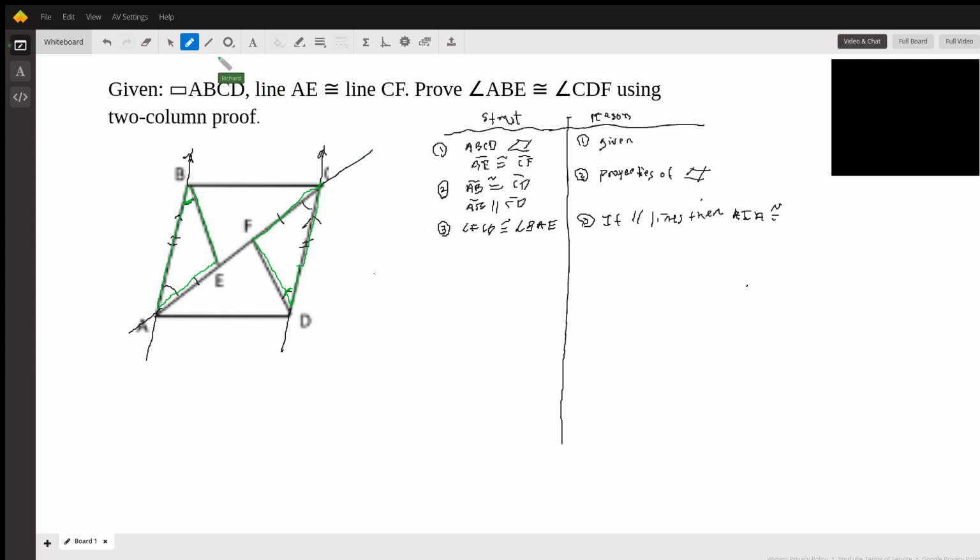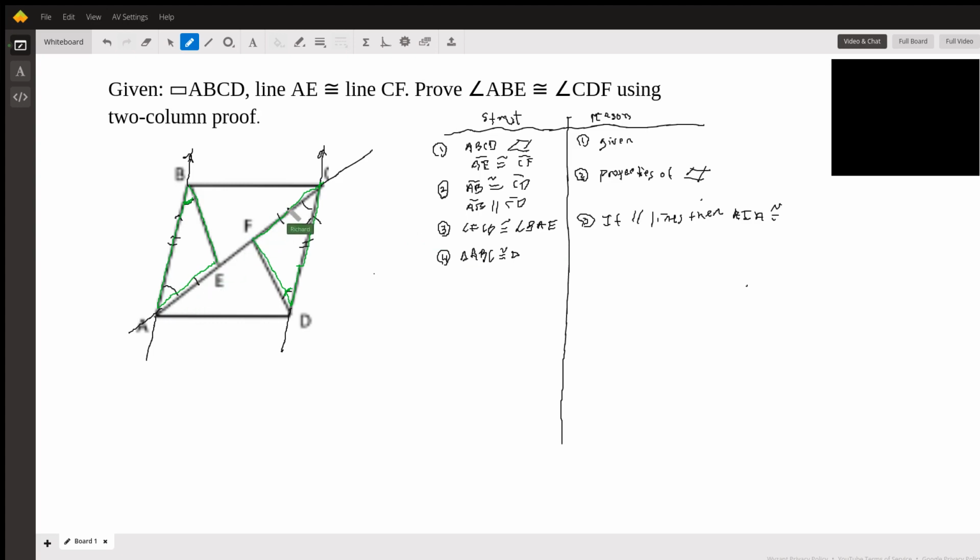So now we're ready to make our congruent statement. And here you have to tread lightly, tread carefully. Triangle ABE congruent to triangle. Now what corresponds to A?